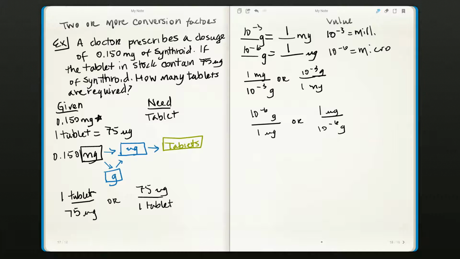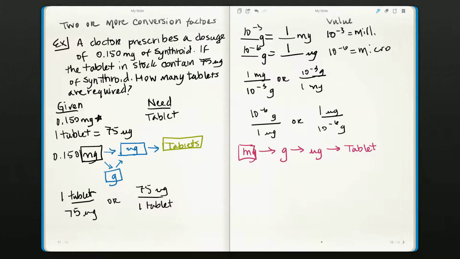Okay, so I'm going to redraw the map down here so that it makes more sense, like the flow of the problem. So we are starting, let me just do this in a different color so it stands out, with milligrams. Then we're going to go to grams, then convert from grams to micrograms, and then lastly from micrograms to the number of tablets that this person would need to take.